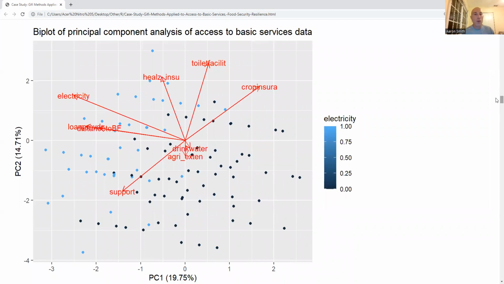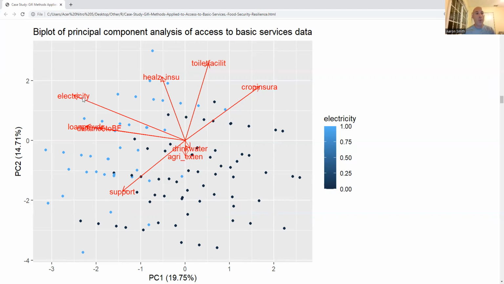When it comes to the first principal component, the largest contributor was electricity, so I colored the points by electricity. On the right-hand side, we have more zeros for electricity, and on the left-hand side, we have more ones. Now we see our crop insurance, and we've got these four pointed to the left. Now let's look at the second principal component.